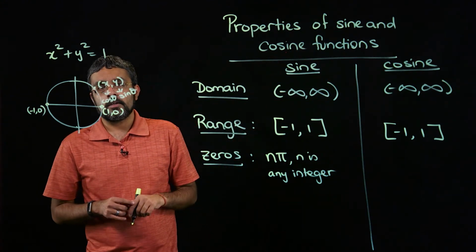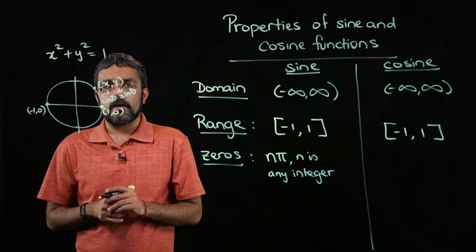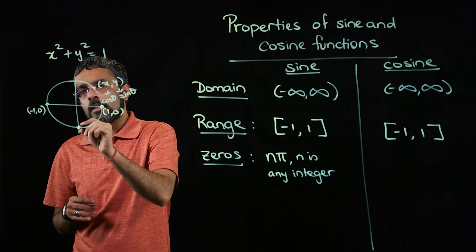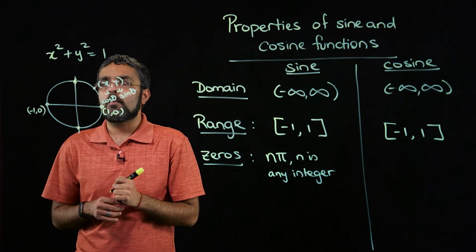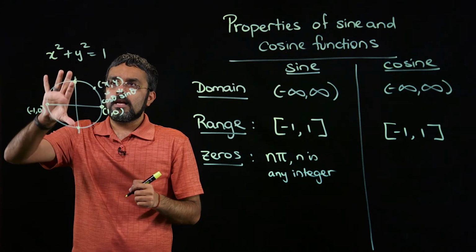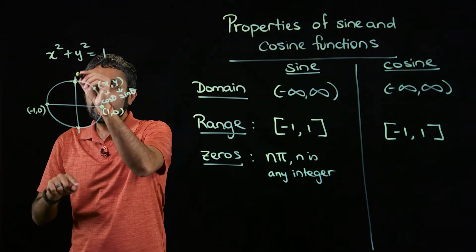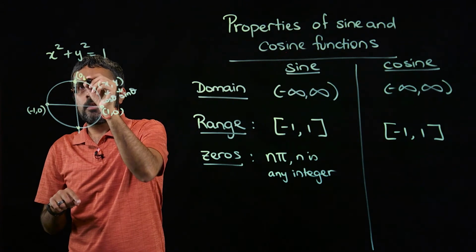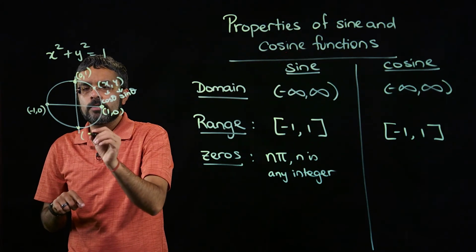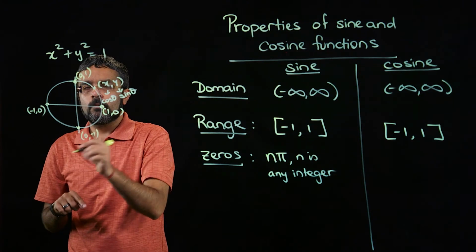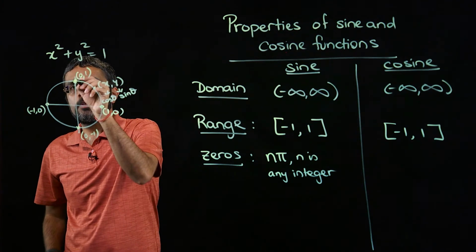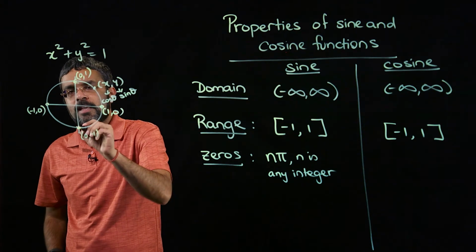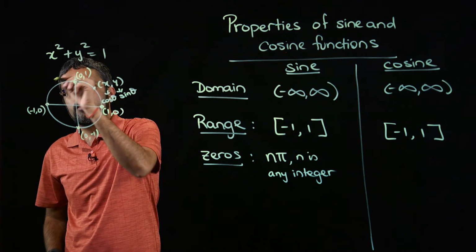Now when is cosine 0? Cosine is your x-coordinate. When is your x-coordinate 0? That means where the circle has a y-intercept. My circle has two y-intercepts: at pi over 2, where the point is 0, 1, and at 3 pi over 2, which is 0, negative 1. So at pi over 2, 3 pi over 2, 5 pi over 2, 7 pi over 2, 9 pi over 2, and so on.